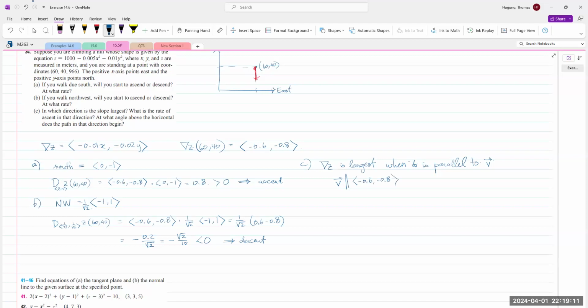And when we find the magnitude, it happens to be 1.